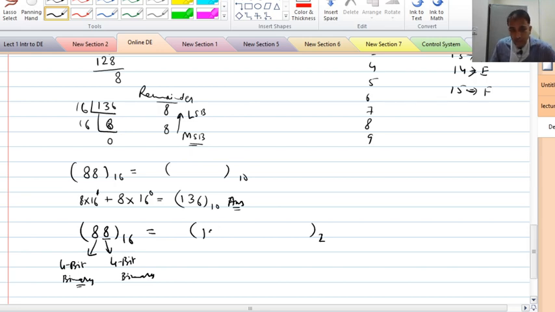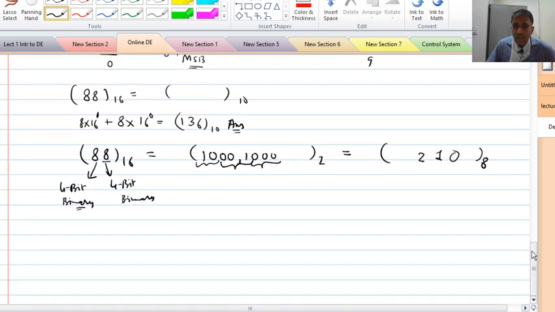So we will get 1000, 1000. Now if we want to convert this number to its equivalent octal form, then just make pairs of 3. This is your 0, this is your 1, and this is your 2. Okay, so in this way we can convert from any number system to the other number system, and it's a very easy task here.